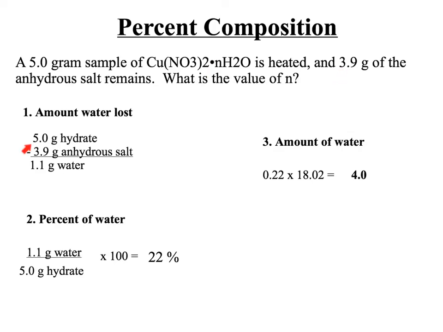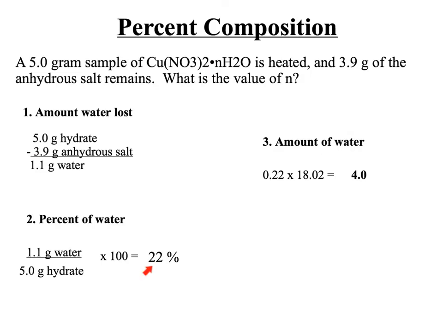So we take our 5 grams that we begin with, we subtract what we have left over, which is just the copper(II) nitrate, and we determine that 1.1 grams of the sample was water. We take our 1.1 grams of water, divide it by our beginning mass of our entire sample, which was 5 grams, multiply that times 100, and we find that 22% of our 5 gram sample was water.